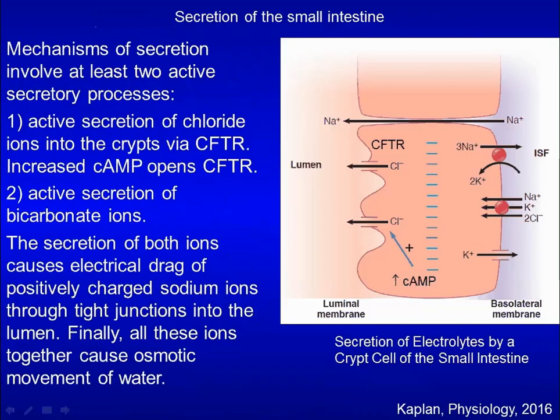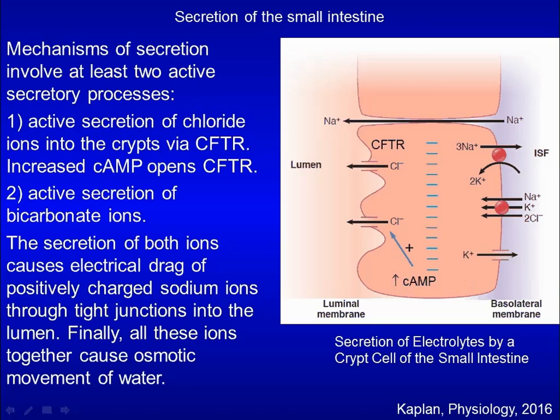Mechanism of secretion in crypts of Lieberkühn involves at least two active secretory processes, as shown in this picture. First, active secretion of chloride into the crypts through the chloride channel, CFTR. Increased cyclic AMP level in enterocytes increases the activity of the chloride channel.